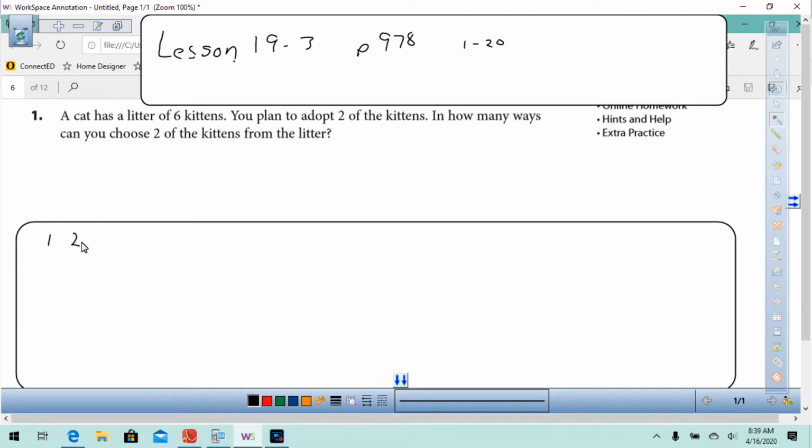1, 2, 3, 4, 5, and 6. All right, that's how many kittens we got. We could choose 1 and 2. We could choose 1 and 3. We could choose 1 and 4, 1 and 5, 1 and 6.